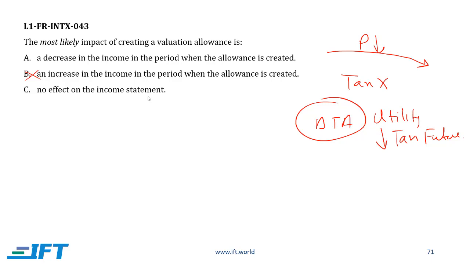There will be an impact on the income statement. Why will there be impact on the income statement? Because your profitability is going down. So out of these three options, the first option is the most sound. So we create valuation allowance when profitability is going down. So option A is correct.